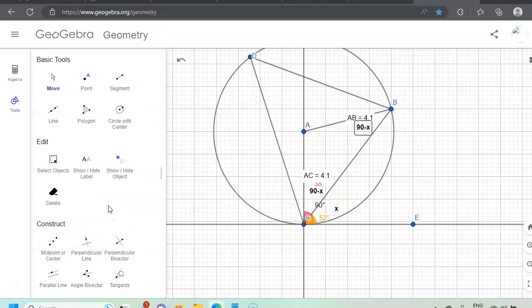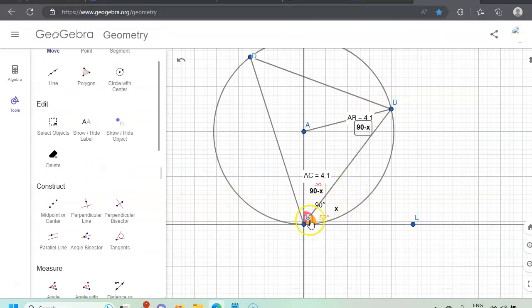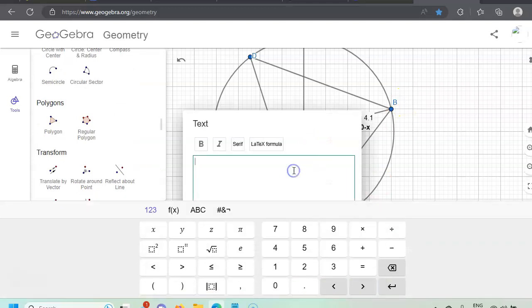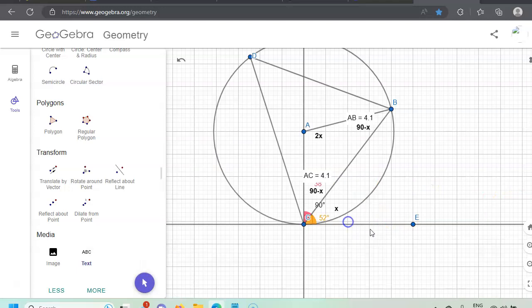Okay, double the angle formed by chord CB and the tangent line. So let's write that down. The value of the central angle is 2x.